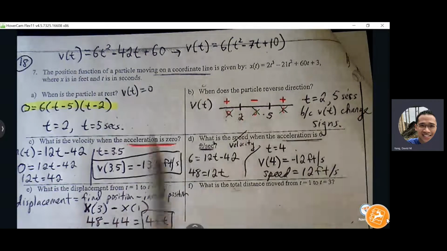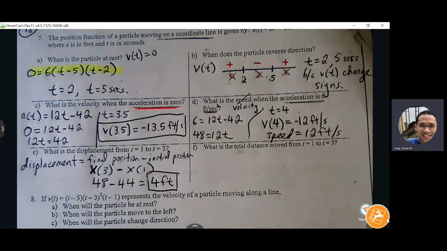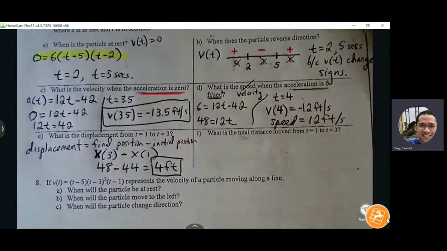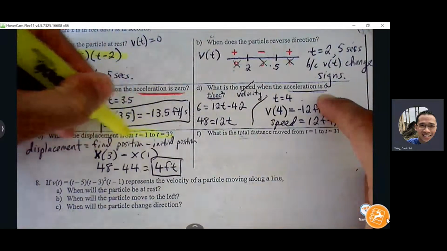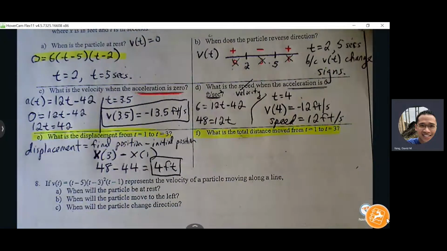Okay, so we did C and D, which was just using the velocity and acceleration function. Now, I want to review E and talk about F. We didn't quite get to F last time, so I want to finish that. We want to make sure that we understand the distinction between displacement and total distance.